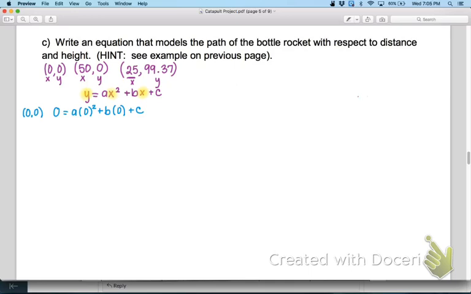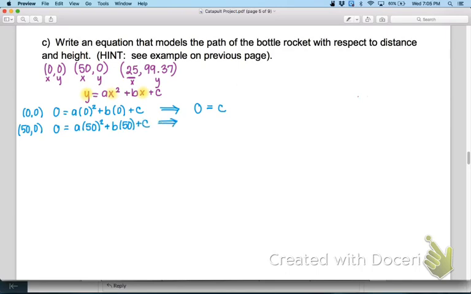And if we simplify that down, we are going to get that 0 equals c, because those zeros are going to cancel everything out. Okay, next equation is at 50, 0. So again, y is 0 in this case, and we get a times 50 squared plus b times 50 plus c.